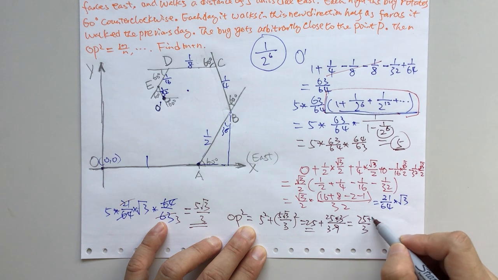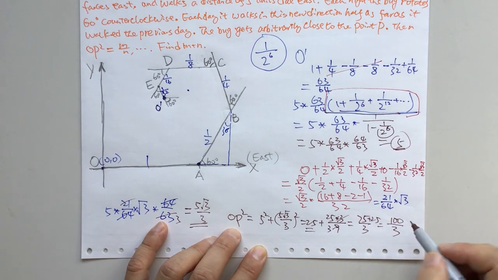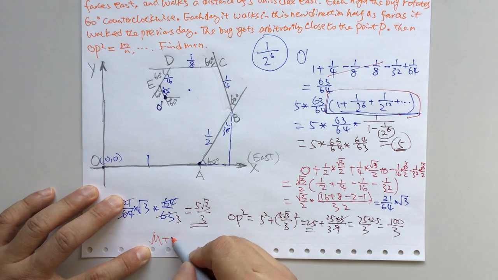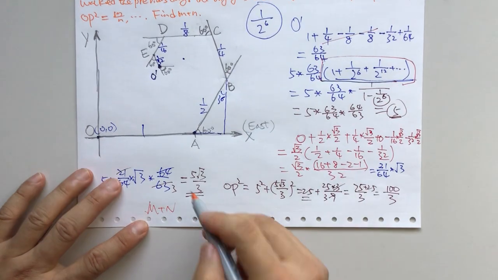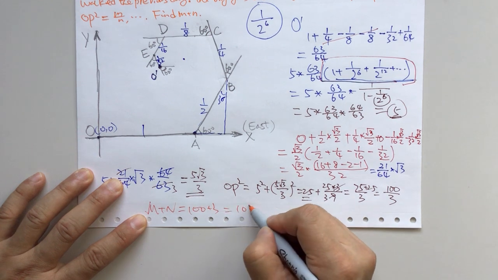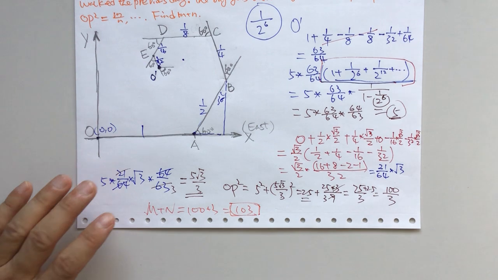Plus this 25, so it's 100 over 3. So the answer, M plus N, equals 100 plus 3, so it's 103. That's the final answer. We're done.